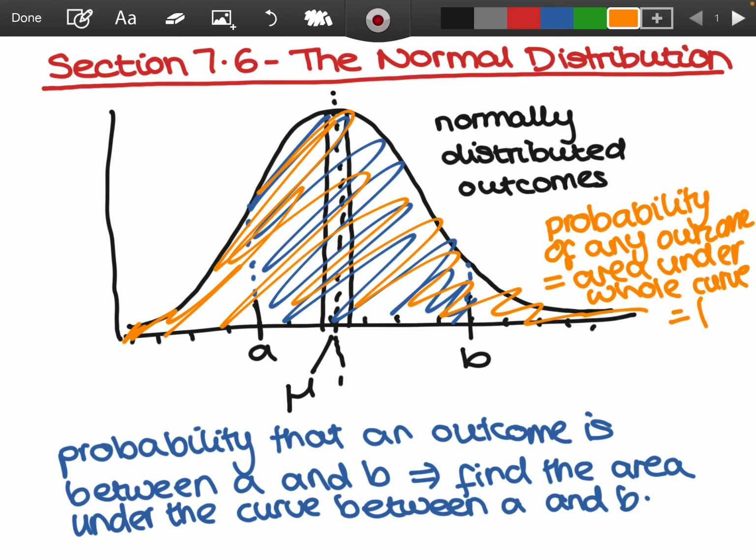So there is a 100% chance of picking a child that has some weight on this curve. So the probability of having some outcome is going to be the area under the whole curve, which is 1, because you have a 100% chance of having one of the outcomes. And like I said, the probability of being between two outcomes, A and B, is going to be the area under the curve between those 2 points.